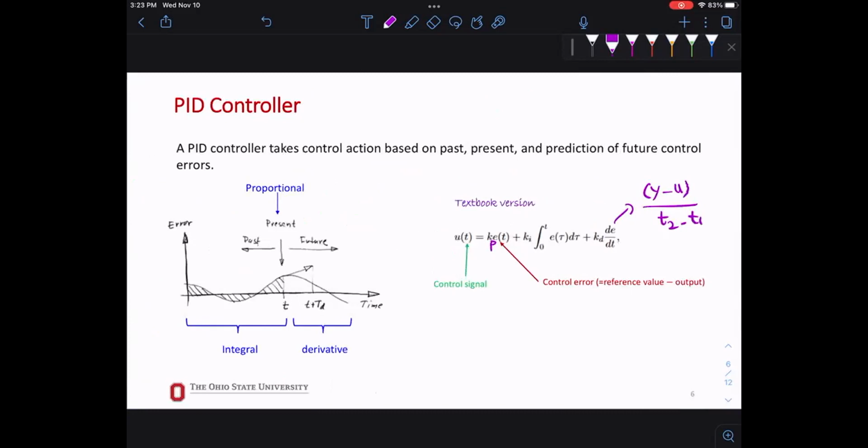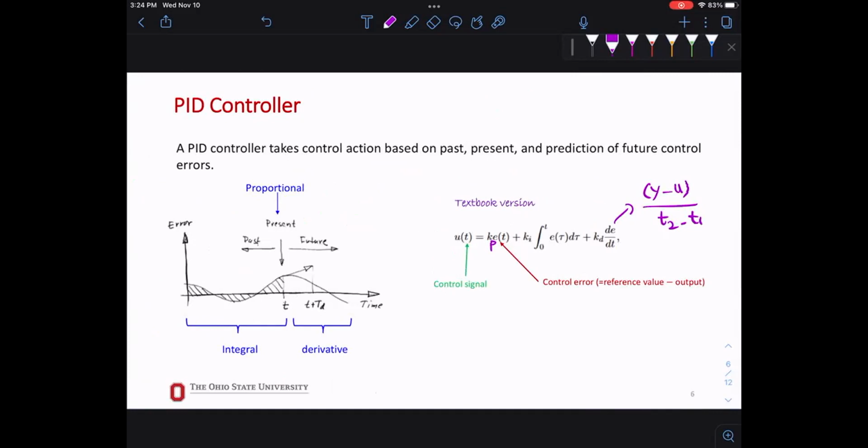So this is in general the control law of a PID controller, but for our purposes, we are going to develop our control law. I'm going to show you how to do that, because we know the dynamics of our systems. We can take advantage of the dynamics that we know and the definition of our system to develop our PID controller.